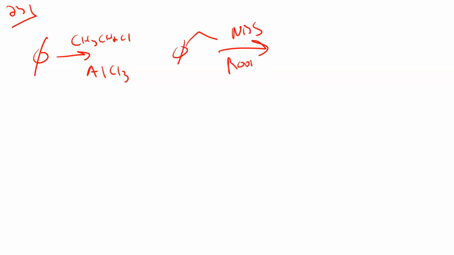So we're going to add an alkyl group to this, right? So to add an alkyl group to it, then we're going to have this group coming off. Now we're going to add NBS to it. Now we added that bromine to it.